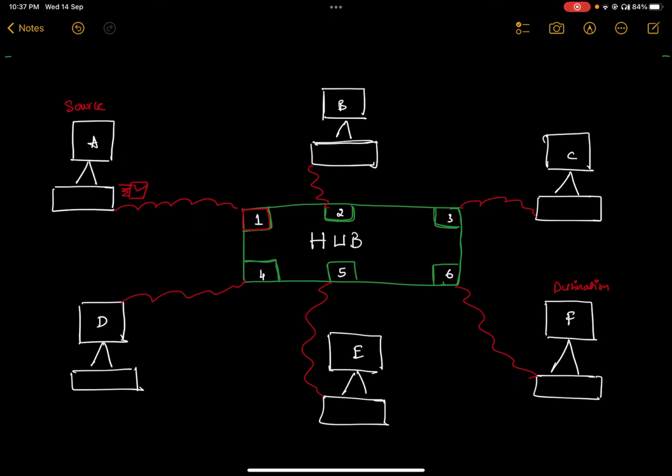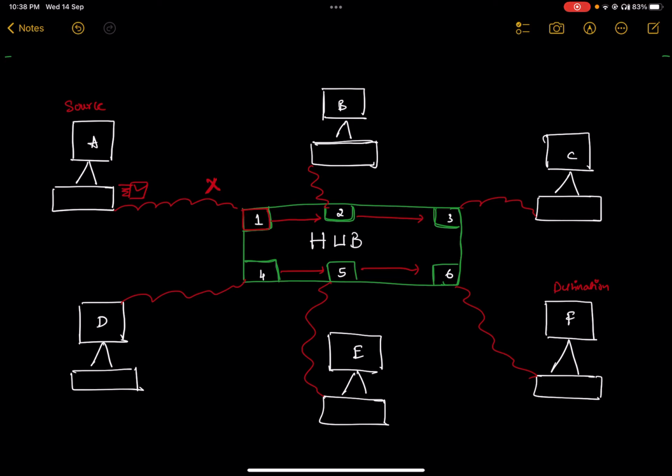So all it does is it just broadcasts the packet to all the ports that it has except the incoming port, right? Here the incoming port is 1. What do I mean by incoming port? The port through which a packet has entered the hub. Such ports are called incoming ports or ingress ports or ingress interfaces, right?